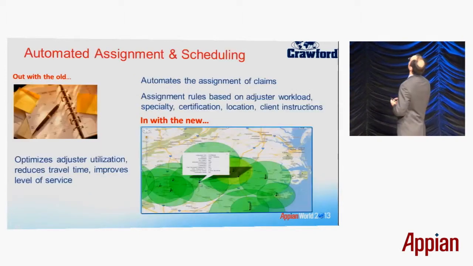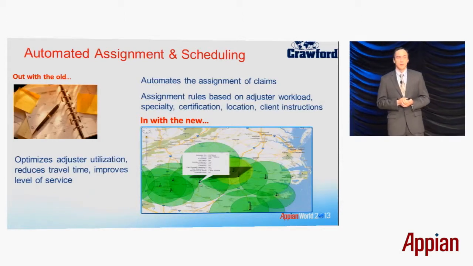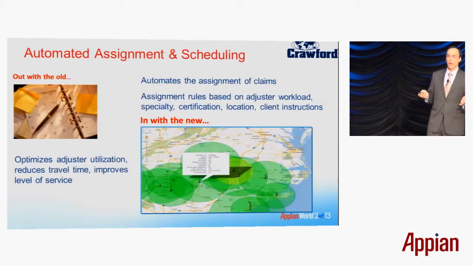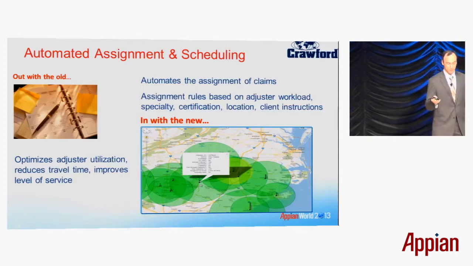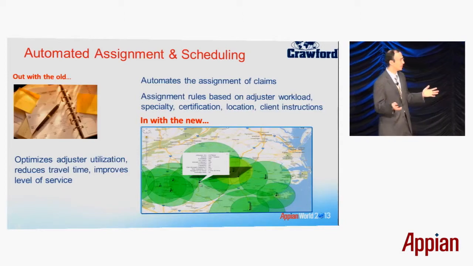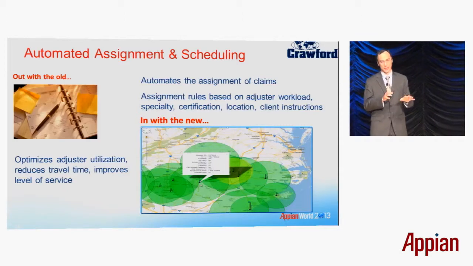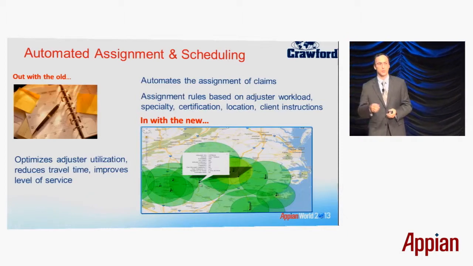The next one is automated assignment and scheduling. We receive thousands of claims during a catastrophe. And historically, those claims were assigned sometimes using sticky notes on a board, sometimes using Excel files with stale data, and sometimes just managers going from their own memory.